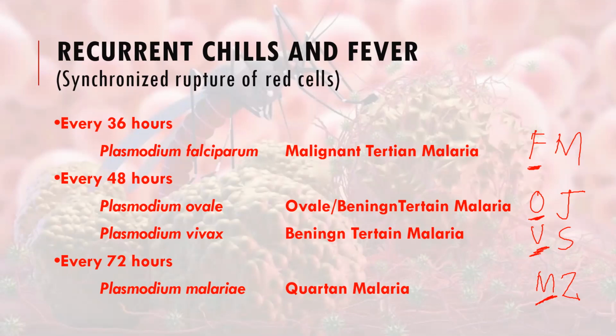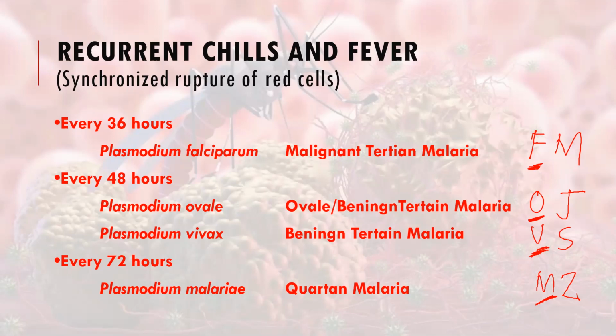Okay? Falciparum, ovale, vivax, malariae. Maurers, Janes, Schaffners, Zeymans. Please take a look doon sa module nyo.